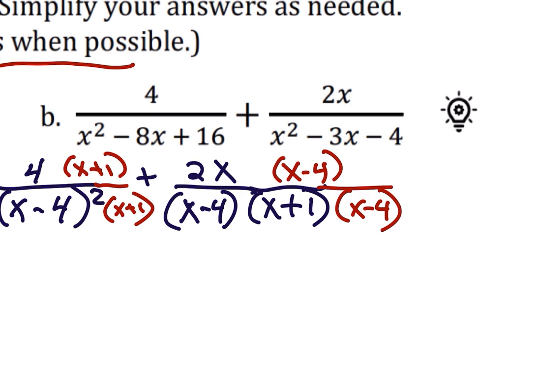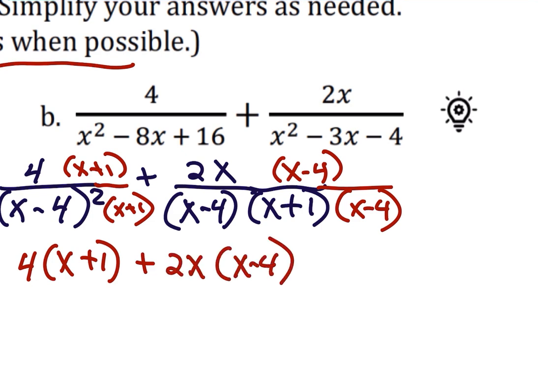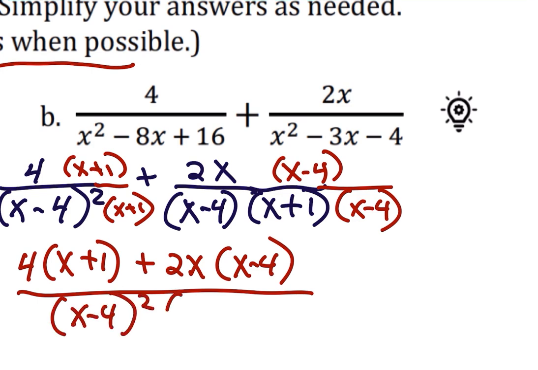So now I have common denominators. They both are the same, and I can just add right across now. So I have 4 times the quantity x plus 1 plus 2x times the quantity x minus 4, all over x minus 4, the quantity squared, times x plus 1. All right, great.